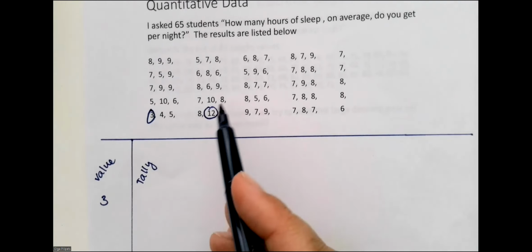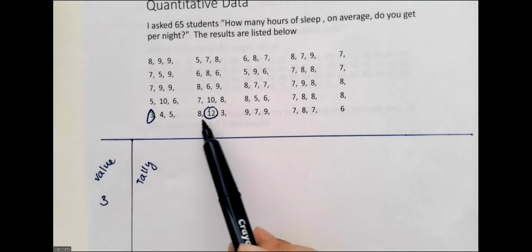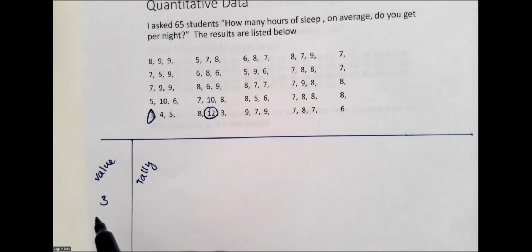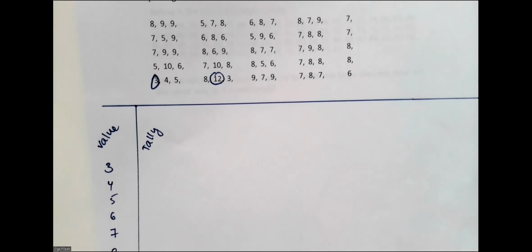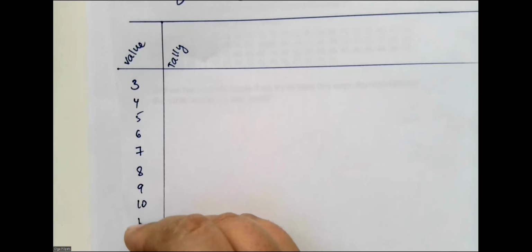So I'm gonna list all of the values in between, not skipping anything. And then I'm gonna put tally marks, which will tell me how many times each value is occurring in my data set.